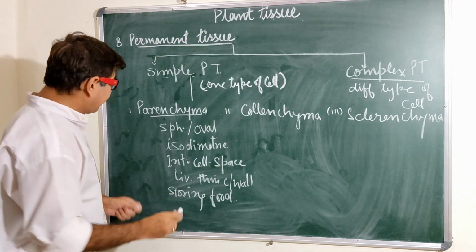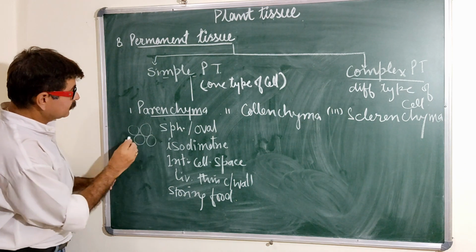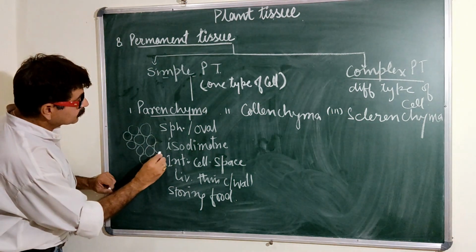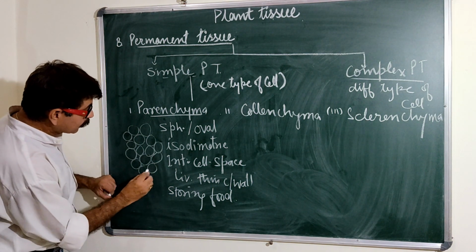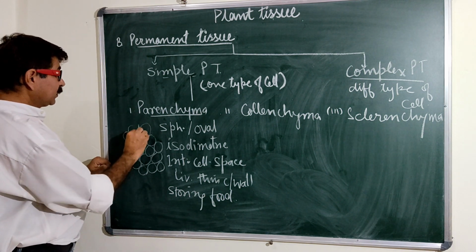If we go through the diagram, we will find that these cells are there, like this. The cortex part of the plant contains this kind of cells.